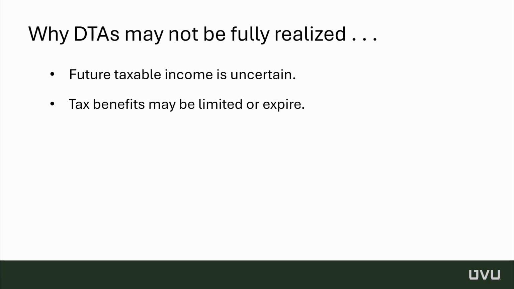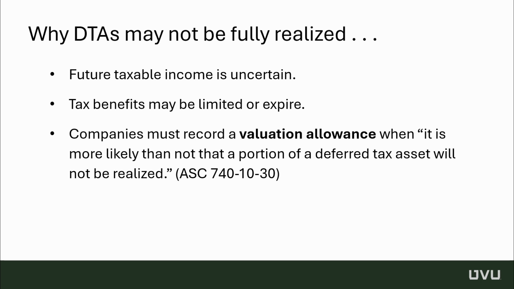Maybe some tax credits have limits, or companies are required to make use of a tax benefit within a certain time period. In any of these cases, companies are required to record a valuation allowance, a contra asset account directly tied with DTAs, to the extent that it is more likely than not that the tax benefits associated with that DTA will not be realized.